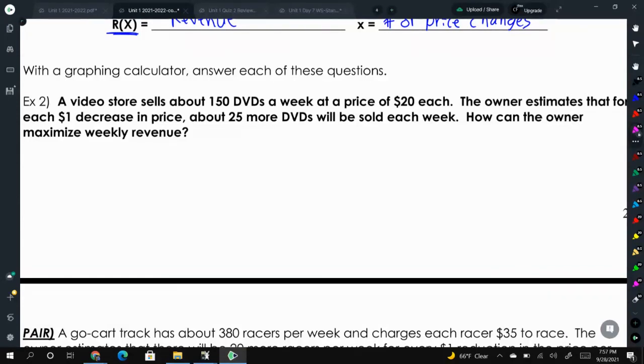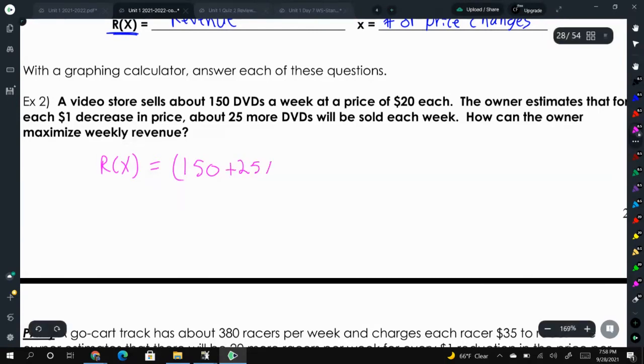Because if the owner sells the DVDs for $1 or $2, they're going to sell a lot more DVDs, but then the revenue won't be as high. So there's got to be that maximum, that sweet spot. So we're going to have R of x equals, well, the number of sales. We sell 150 DVDs a week, but every time the price changes, we will sell 25 more.